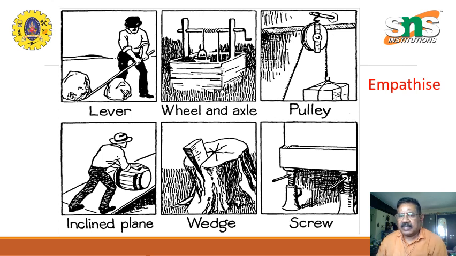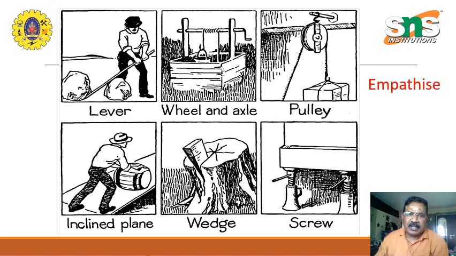The first thing he found out was to use a lever. When I apply force in the downward direction on the smaller stone, I am able to lift the object with more force.